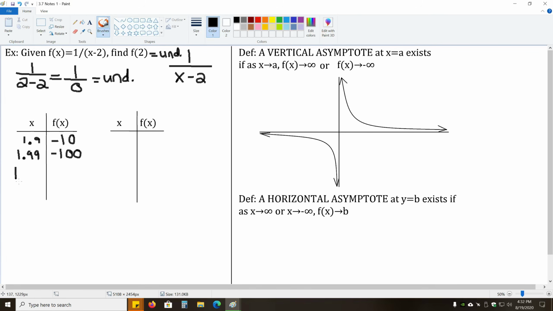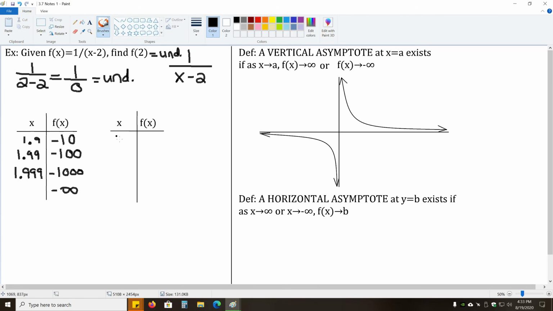And it just so happens that if we were to try 1.999, we would get negative 1,000. You can probably guess where this is going if we just keep adding 9s. It's going to approach negative infinity.